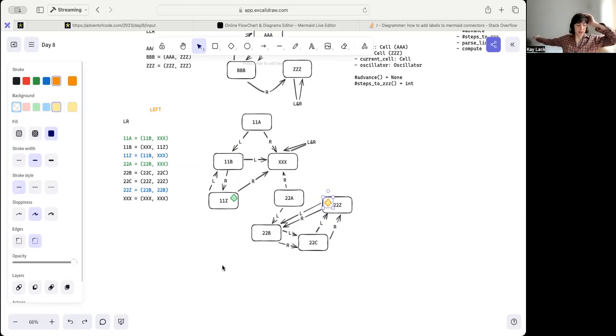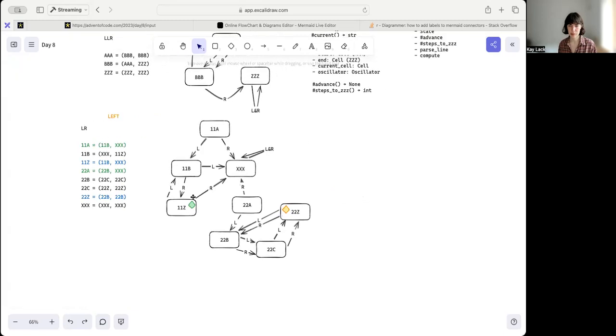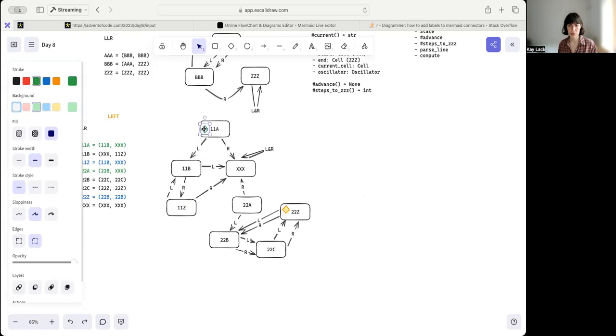Okay, so what we fall into is that each counter can be represented as a cycle with a sort of starting bit.